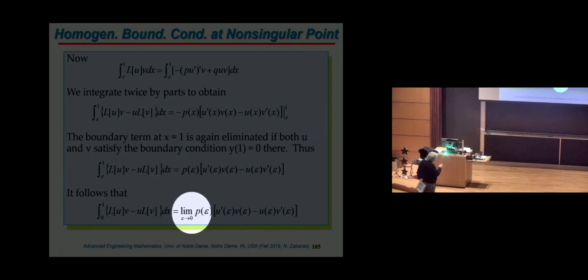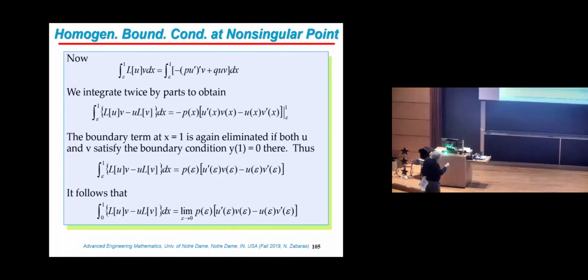You have to trust me. If you put epsilon equal to 0, it looks exactly like what we had before for regular boundary value problems. Integration by parts twice will give you these two terms on the left and two similar terms on the right that have canceled out. The two terms on the left I leave there because epsilon is not 0; it is going towards 0, but it's not 0.